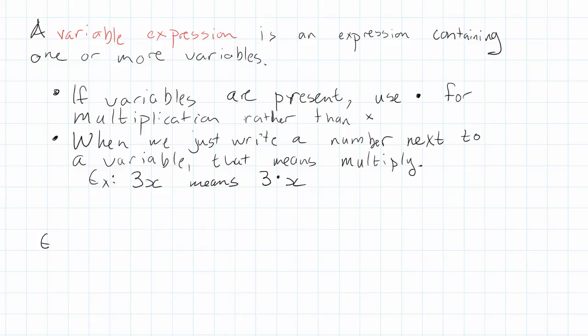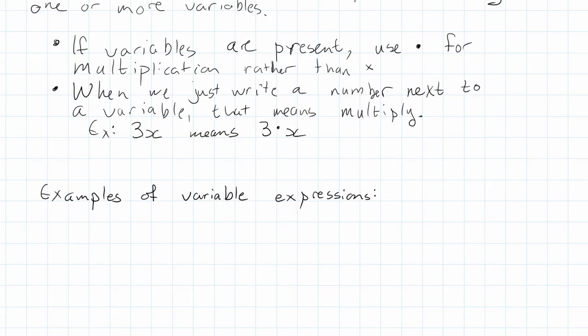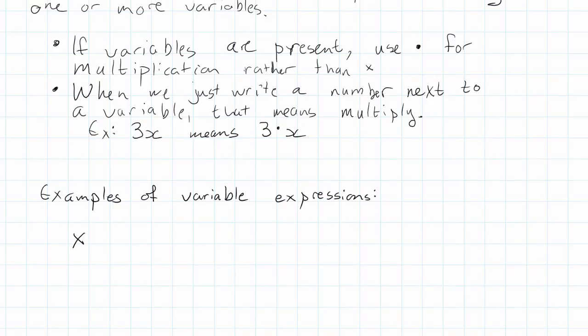So some examples of variable expressions. So we could have just a variable by itself. That's a variable expression. We could have an expression that describes doing a bunch of arithmetic to a variable.